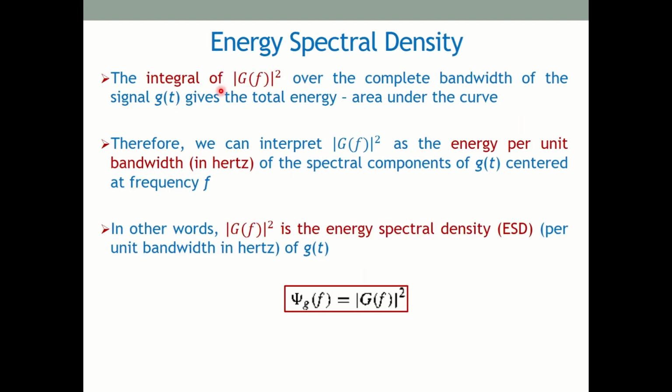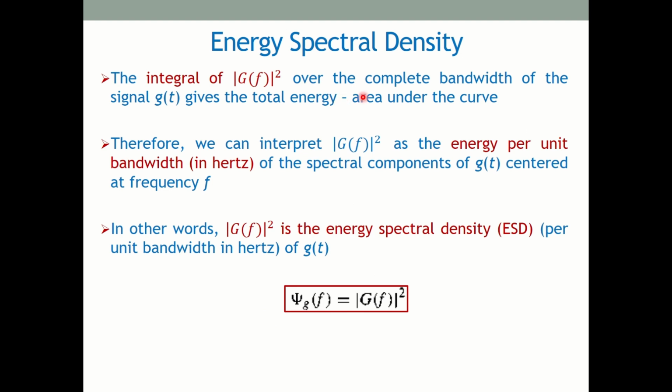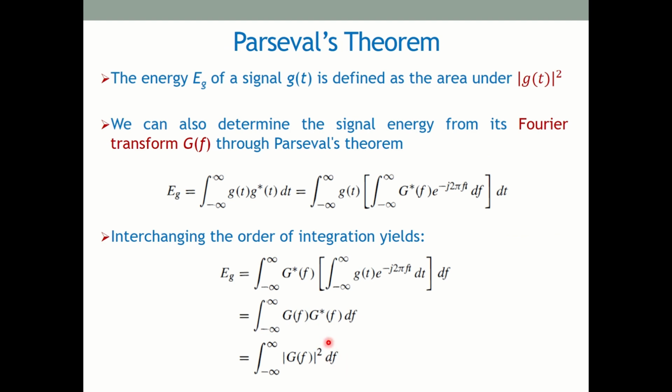If we look at this expression, it gives us the energy, and it's the frequency domain integral of the magnitude square of G(f). In other words, this expression gives us the complete bandwidth. We are integrating this term over the complete bandwidth of the signal g(t), because we have df as the variable of integration, and we are integrating from minus infinity to plus infinity.